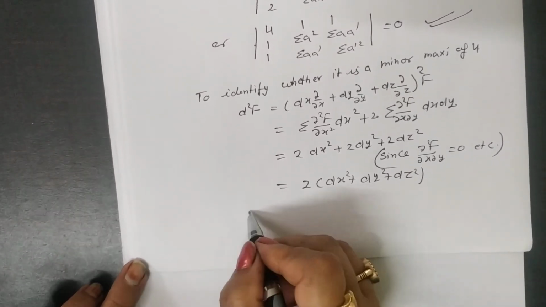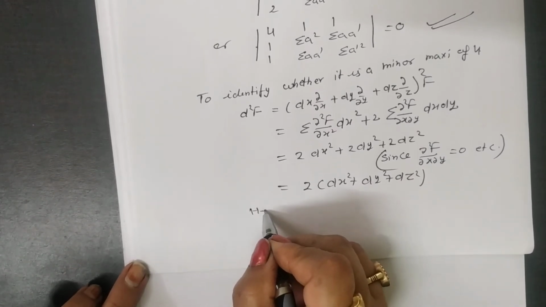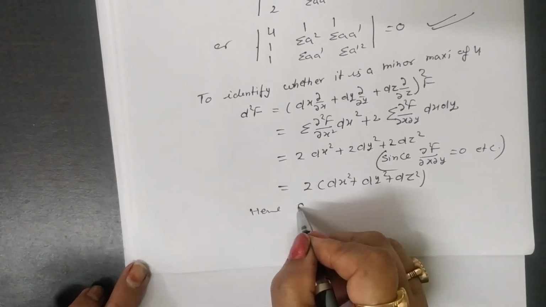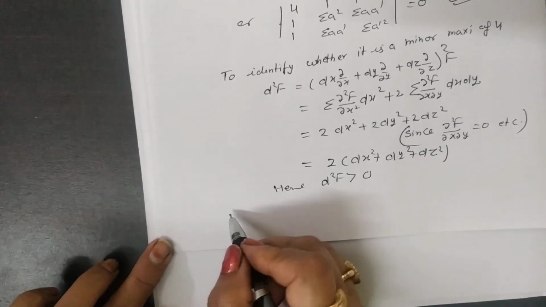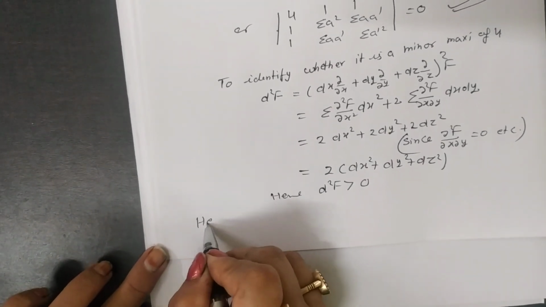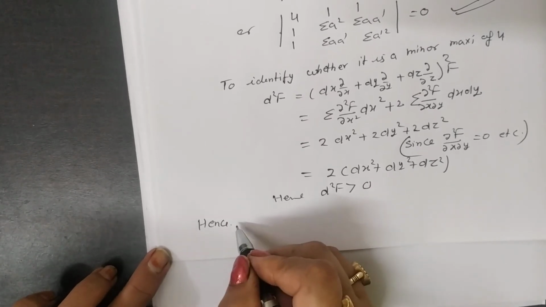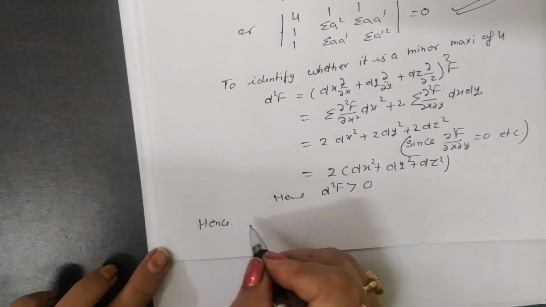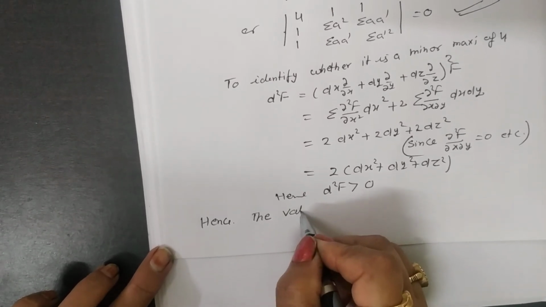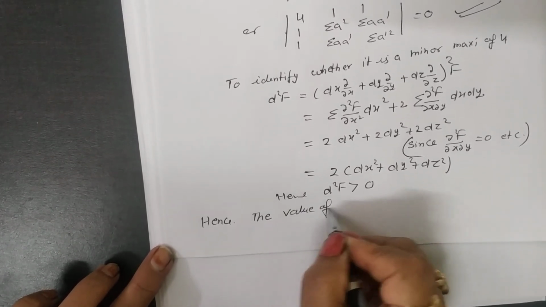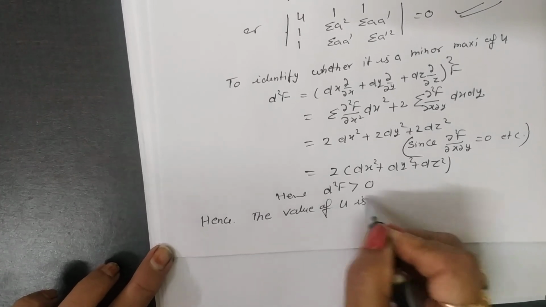Here you see that d2f is greater than 0, hence the value of u is minimum.